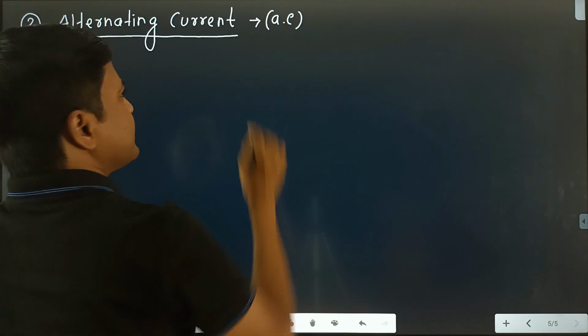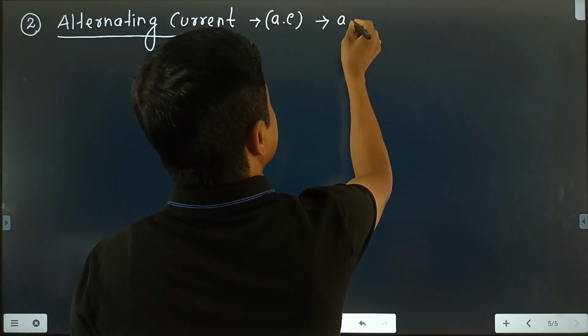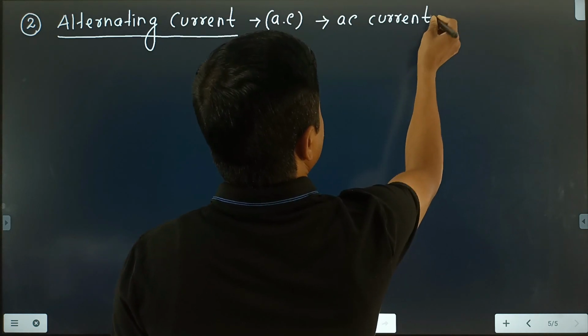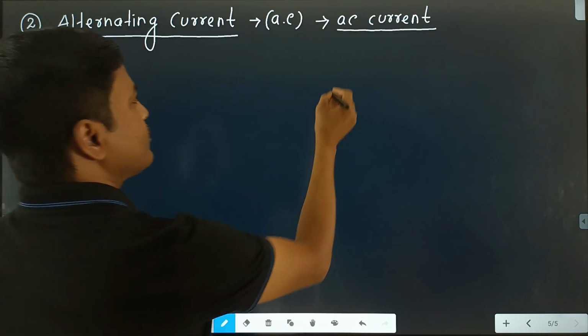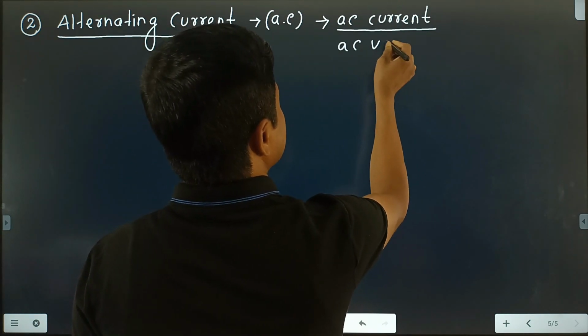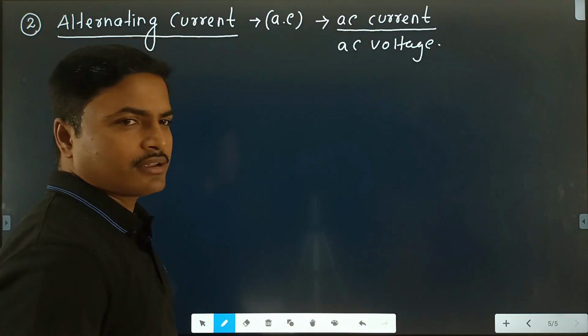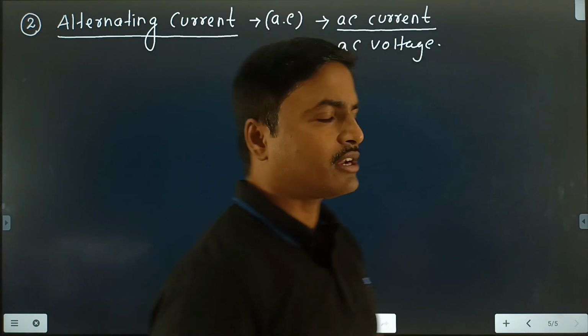AC means alternating current, or we also write AC current. Similarly for voltage, we write AC voltage or alternating voltage, AC current or alternating current.